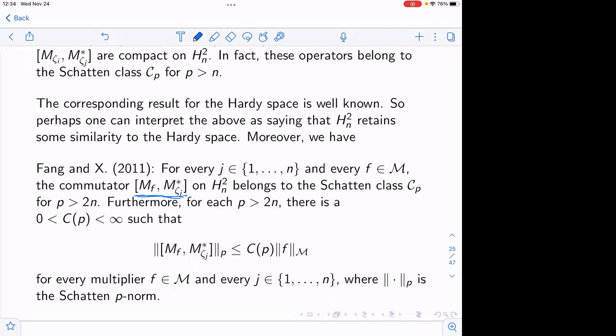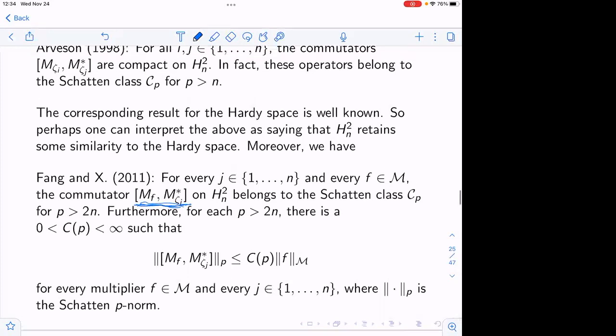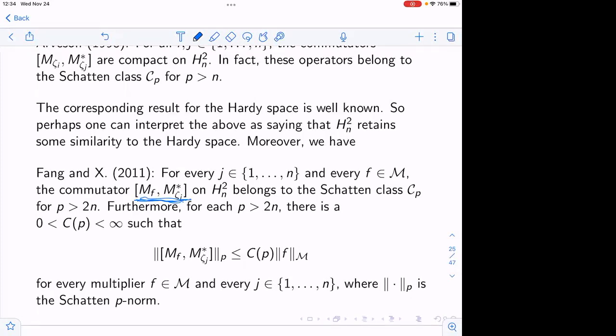As it turns out, if you look at this commutator, it is in Schatten p class for p greater than 2n. So, roughly speaking, this kind of commutator is like half. Because your f is arbitrary, you can only get half of the Schatten class membership, p greater than 2n.